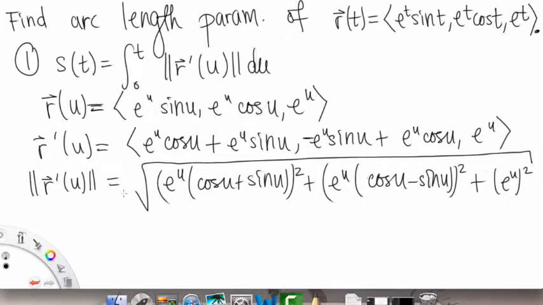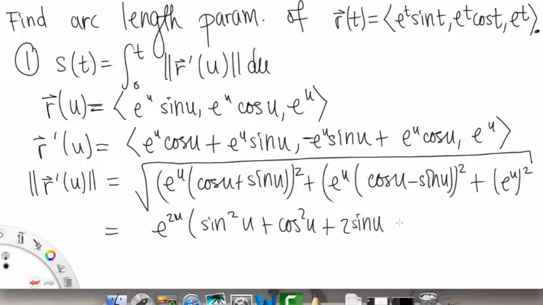So we're going to, again, don't forget that square root symbol over the top. Okay, so if we continue, what we get is the following. We have e to the 2u, right? So I'm going to distribute that exponent. And then what we have is a sine squared u plus cosine squared u plus 2 sine u cosine u. Alright, so that's the first term expanded.